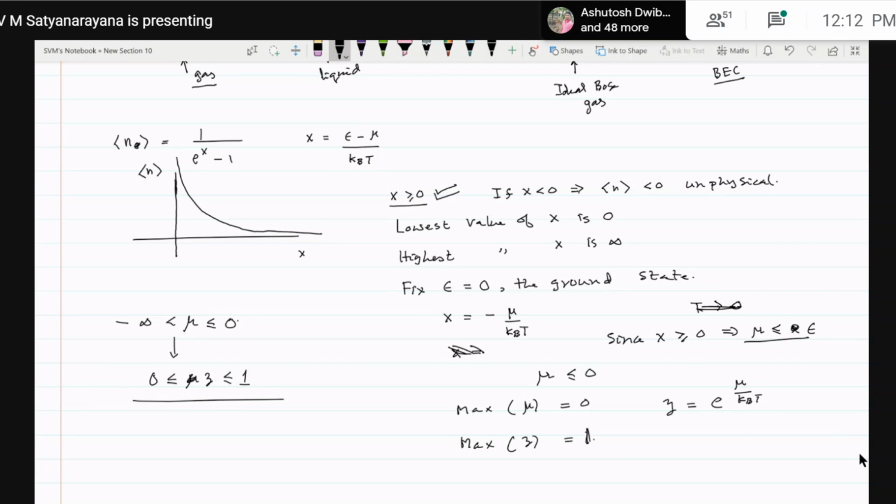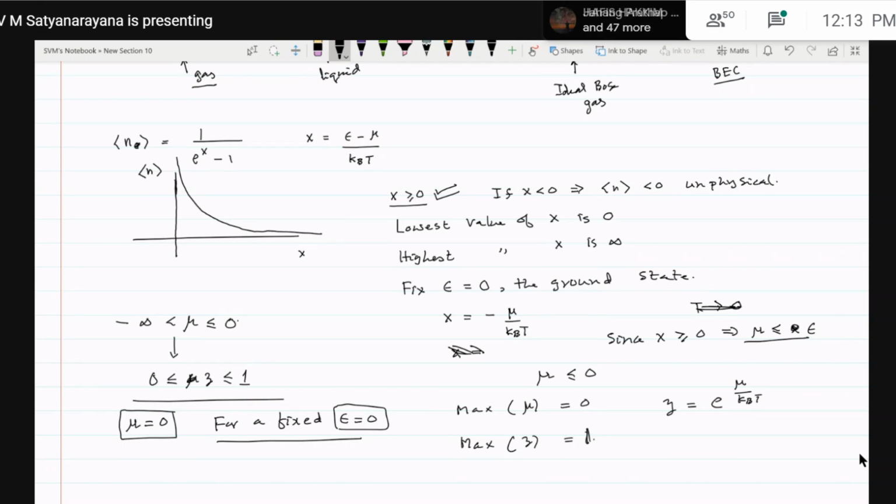Sir, but mu goes to 0 and T also goes to 0, no, sir? So we have e to the power 0 by 0. The point is that mu does not go to 0. Mu is equal to 0. See, for a fixed energy whose occupation we are looking at, mu is equal to 0.